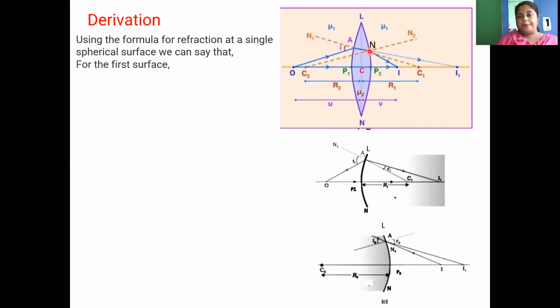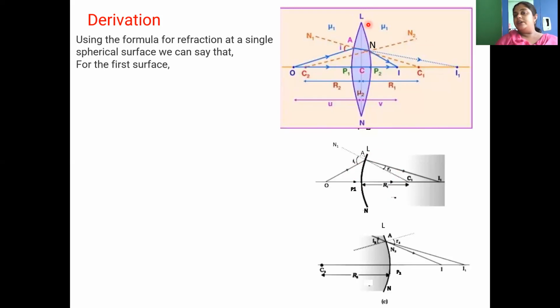Now see, if the surface LP2N is absent, then this ray AN will meet the principal axis at I1. That means I1 will be the real image of O. For the first surface, the object is O and I1 is your real image.